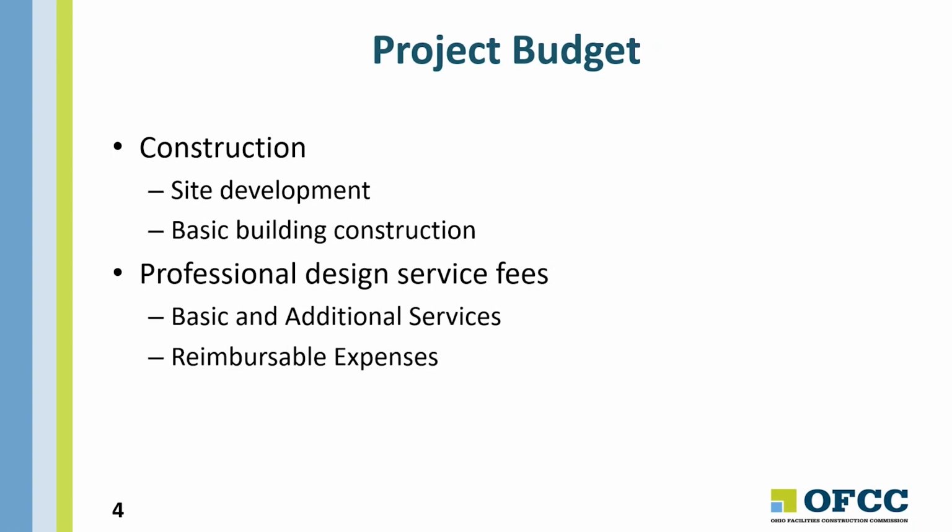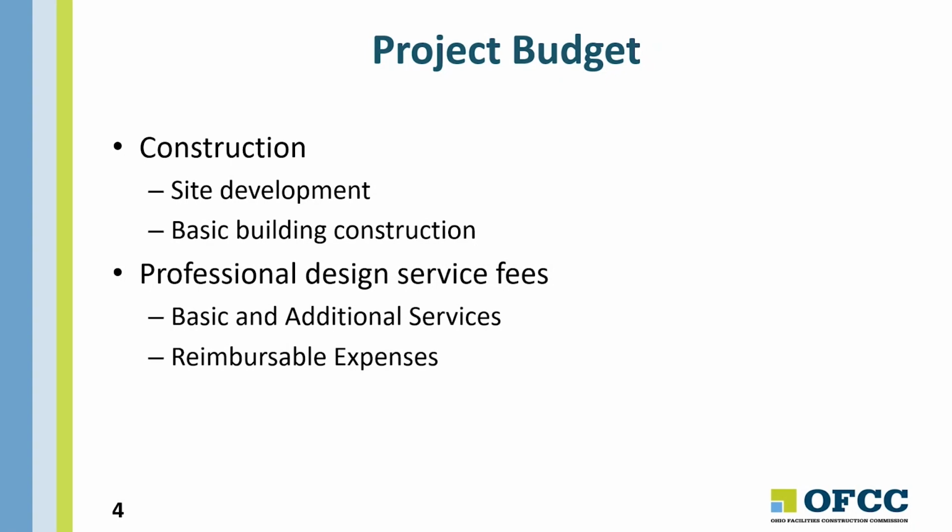And then we also have reimbursable expenses, which we typically include things like plan approval fees, if we're asking the AE to include those in his contract. And then we reimburse those without any markup based on the invoices that they present to us.